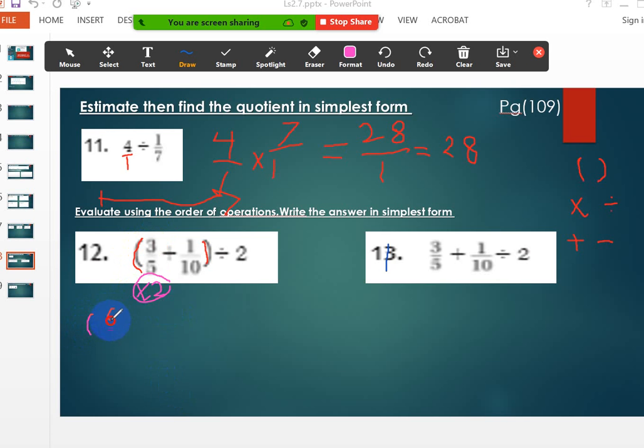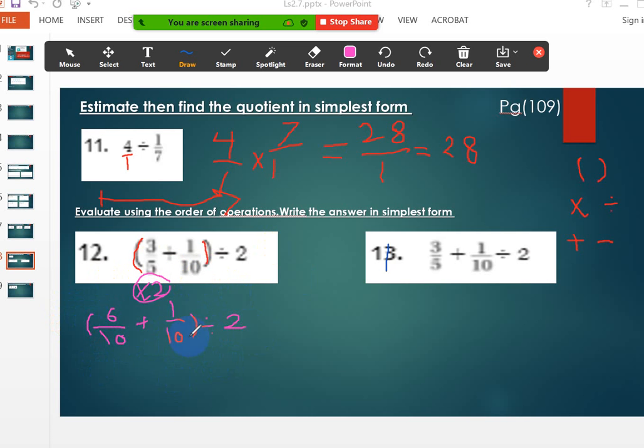It will be 6. 5 multiplied by 2 will be 10, plus 1 over 10, divided by 2. So first step, we made the denominators the same.